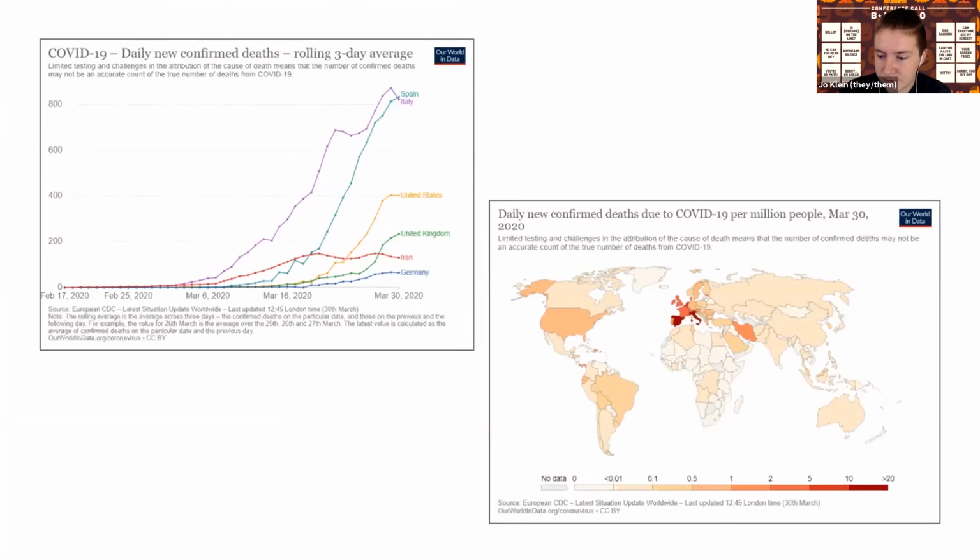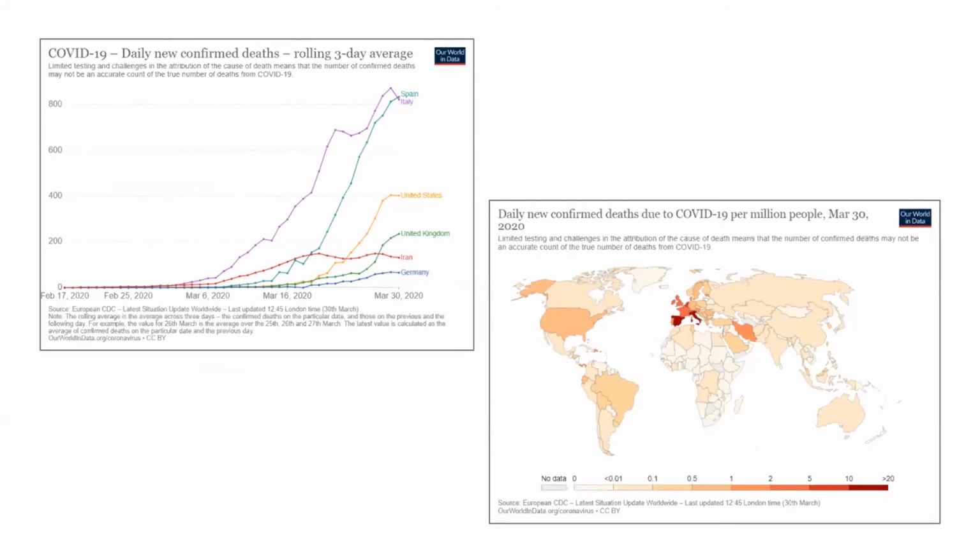And when you think about how they make you feel, these images don't necessarily, in me at least, elicit a response when I look at the image. But when I look at the headlines, COVID-19 daily new confirmed deaths, daily new confirmed deaths per million people, I do start to have feelings about the information that's included.